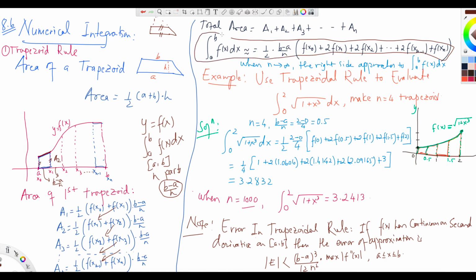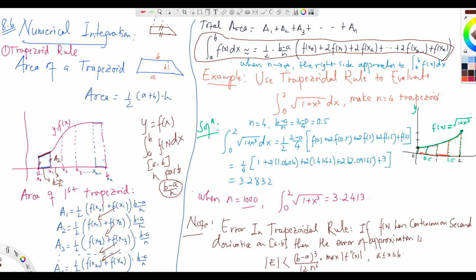The idea here is, the first one is just 1 times, all the middle ones are 2 times, and the last one is 1 times the height at the last point and 1 times the height at the first one. And 1/2 times (b minus a) over n is basically the length of each subinterval. Okay, that's what you do.